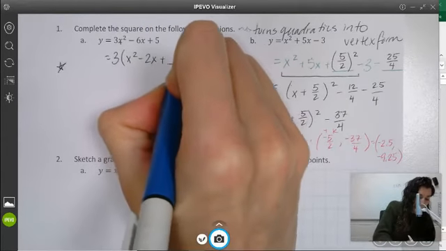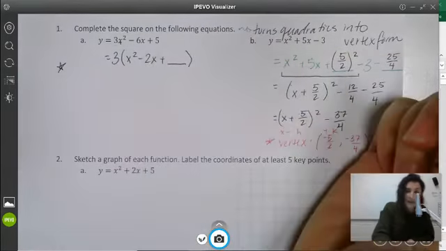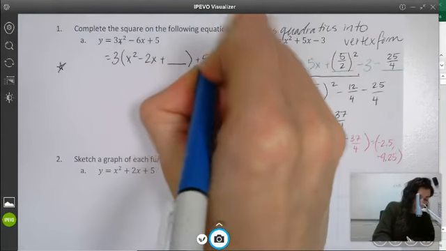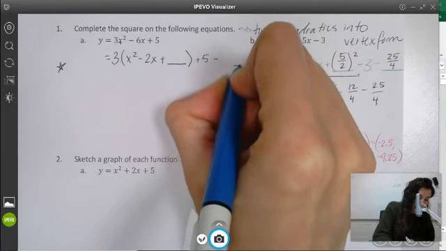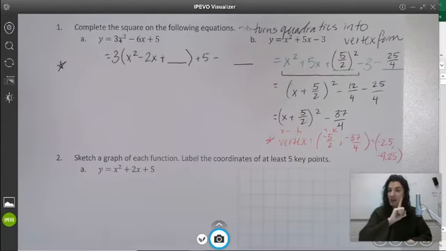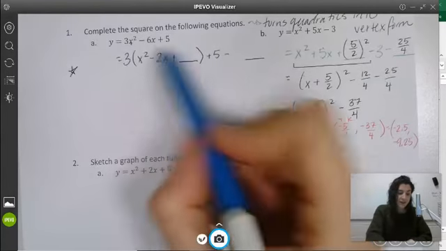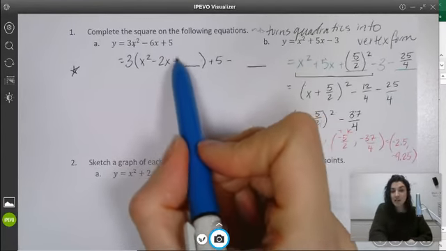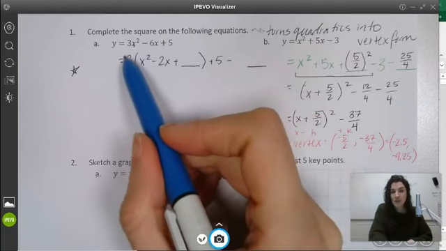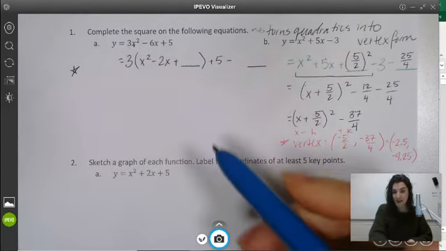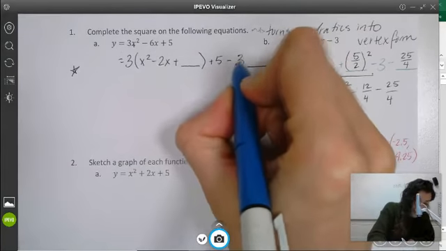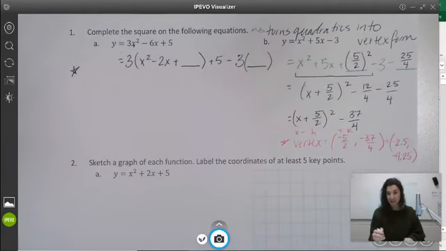Then I know I'm going to add something here, and then subtract that same thing later, except for one small caveat. I technically didn't add in just this number. I added in 3 times that number, which means I need to subtract out 3 times that number here.